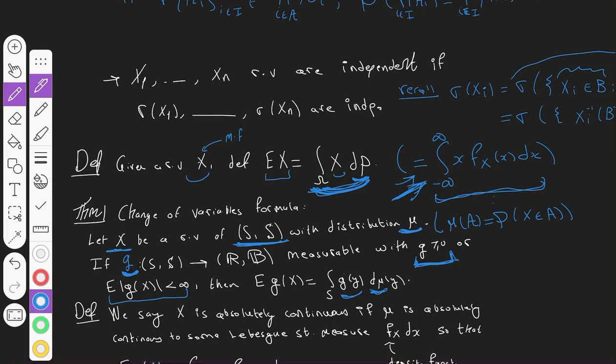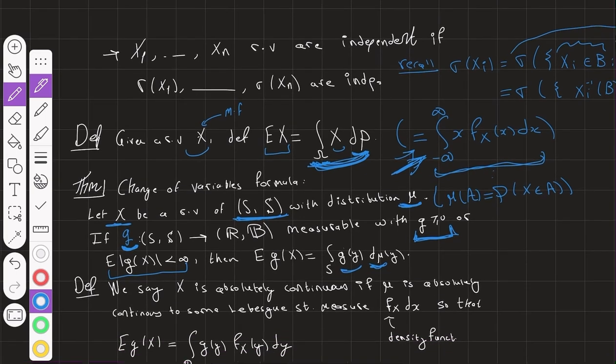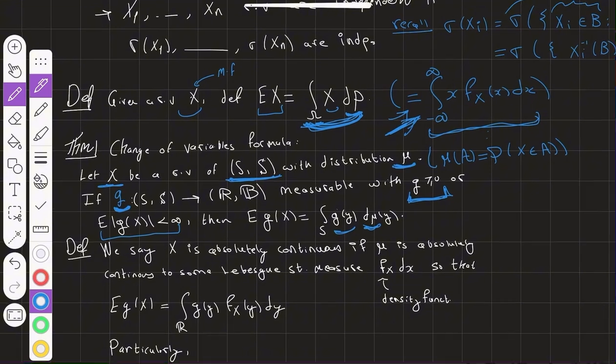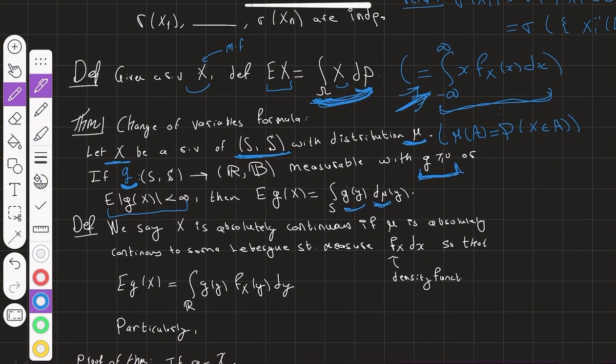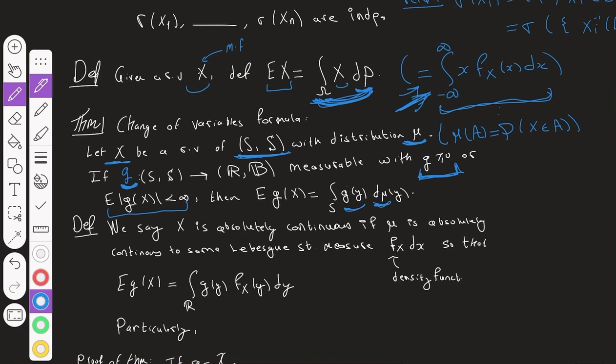So maybe let's leave the theorem a bit and talk about a definition. And then I'm going to talk briefly about the proof of it.